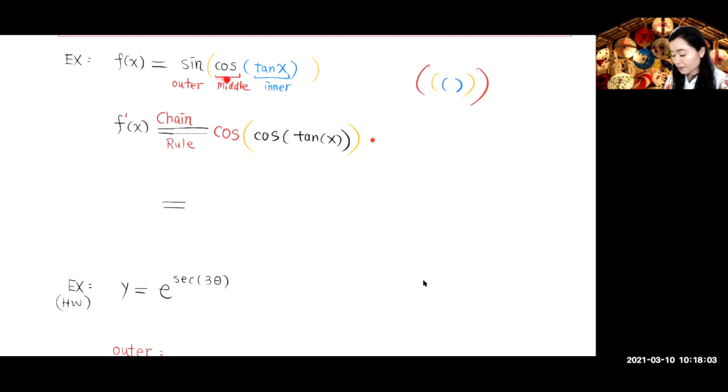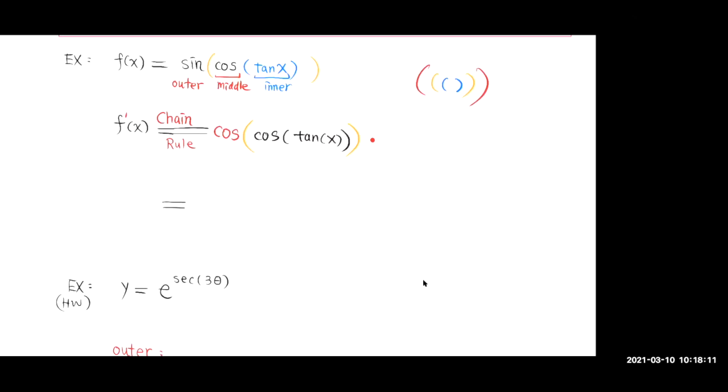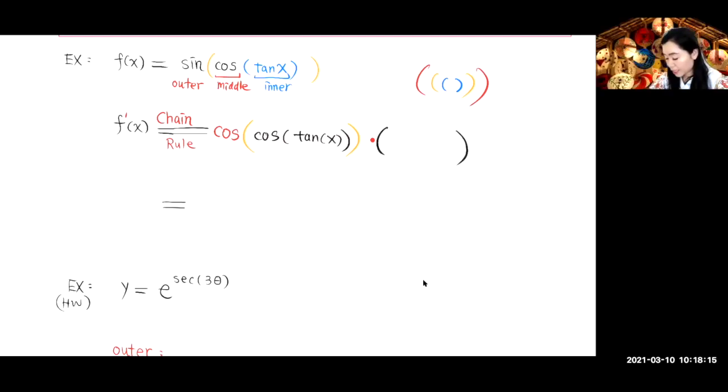Peel this layer, and now we get to this orange layer. Now we differentiate cosine, right? What's the derivative of cosine? Negative sine. Yes, it's negative sine. So that will be negative sine of, and then the inner function, you just leave it there: tangent of x over here.